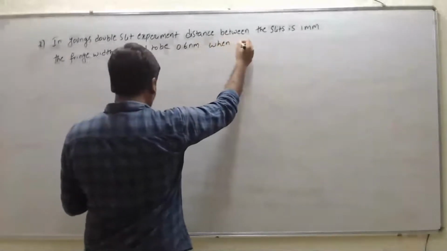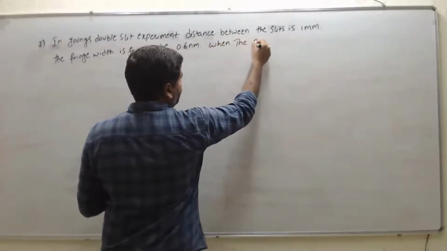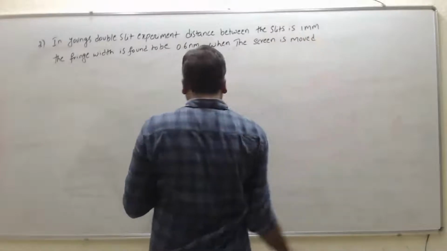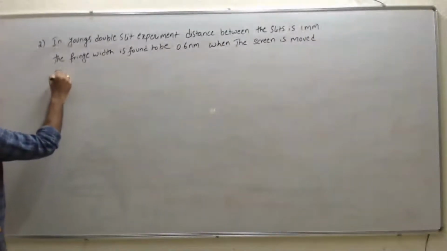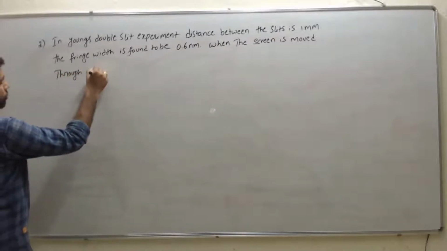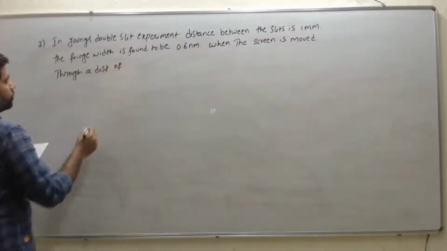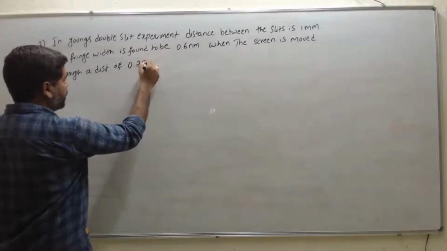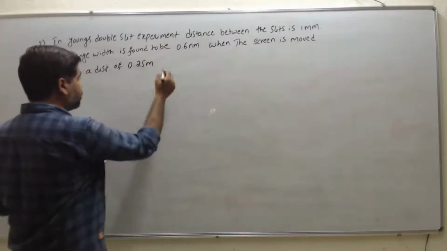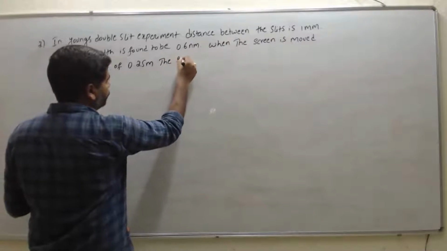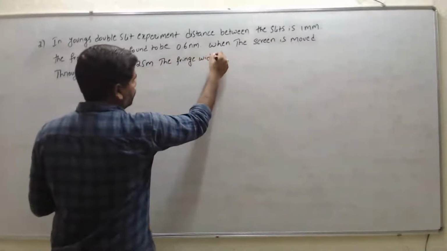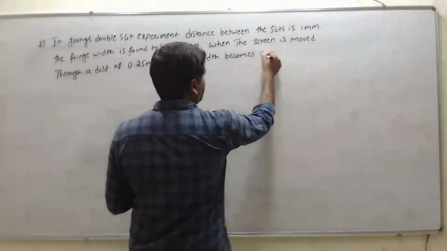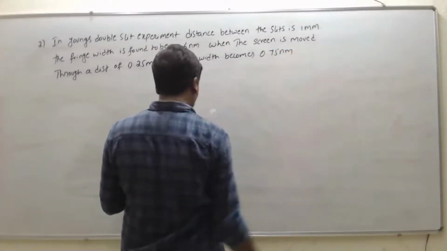When the screen is moved through a distance of 0.25 meter, the fringe width becomes 0.75 nanometer.